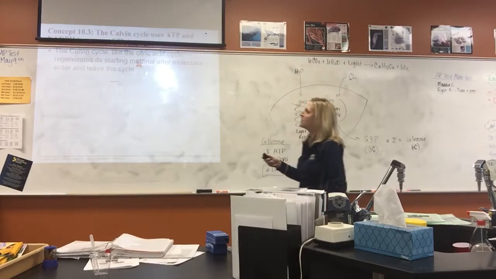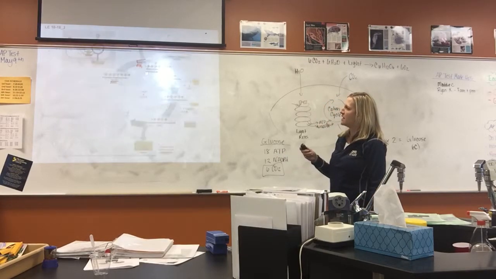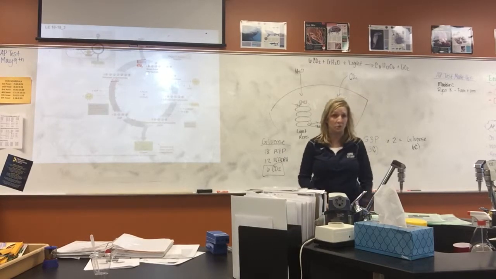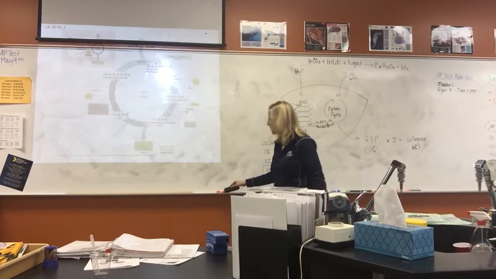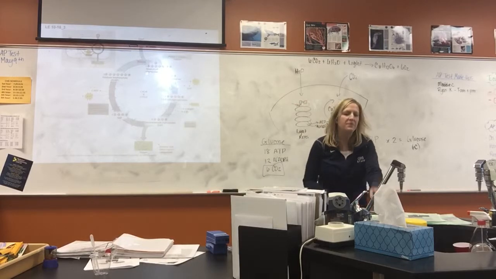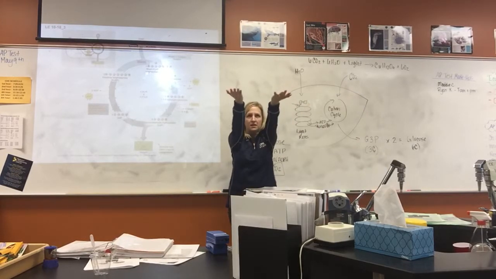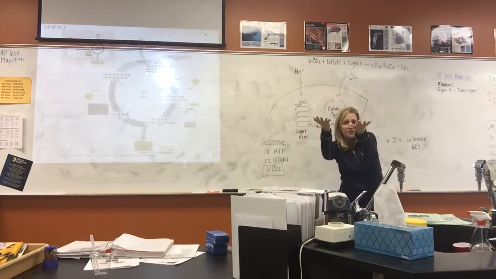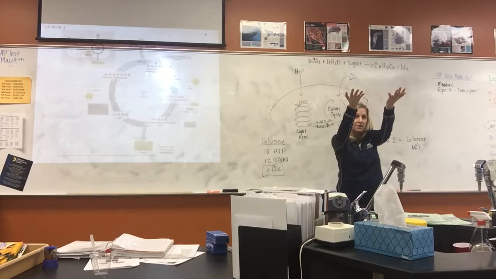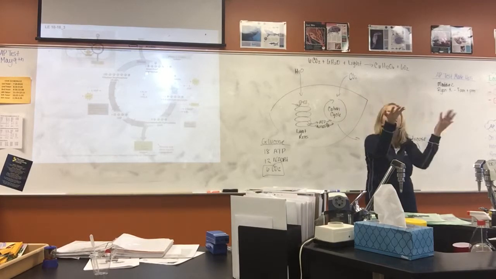Now when we just talked about the Calvin cycle, are the ATP and NADPH used equally in the Calvin cycle? No, which one's used more? ATP, right? So imagine this, you've got this amount of ATP and this amount of NADPH, roughly equal, going to the Calvin cycle. Which one am I going to run out of first? I'm going to run out of ATP because the plant uses it more.